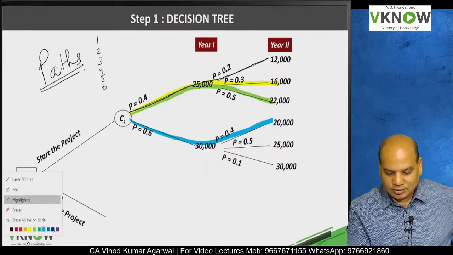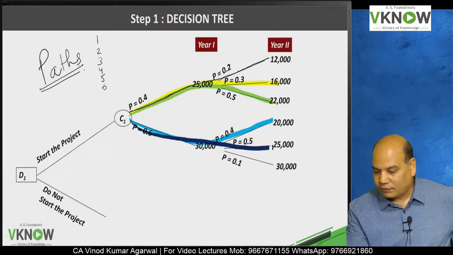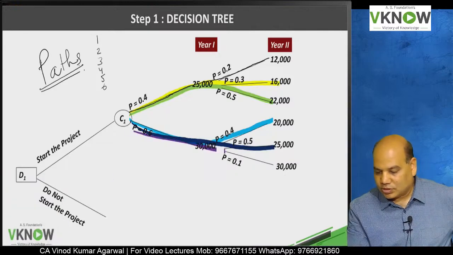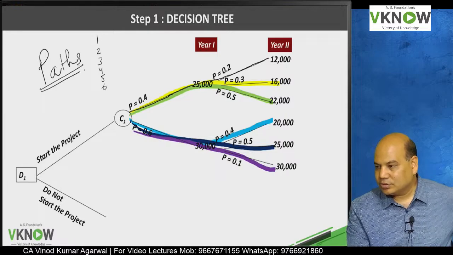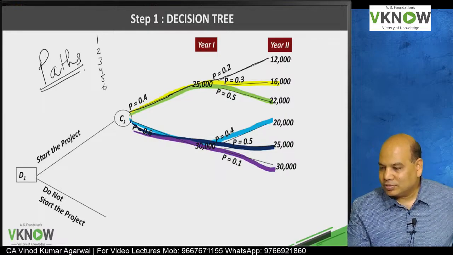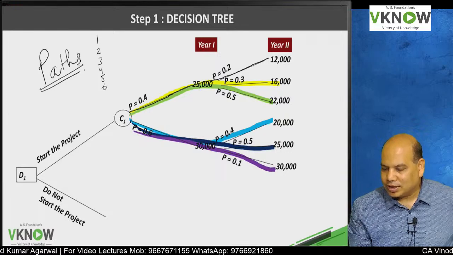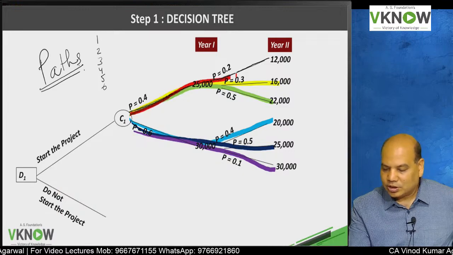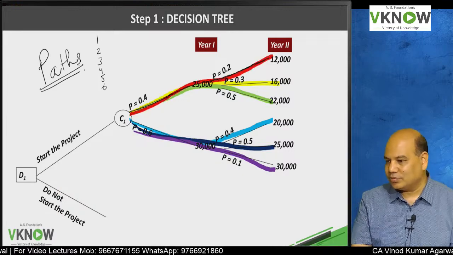Then this can be fifth path. And then this can be sixth path. Depending upon what you get in first year and what you get in second year, there are total 6 paths which are possible. Can you see that?